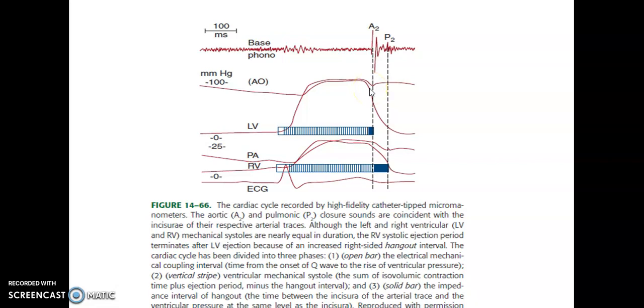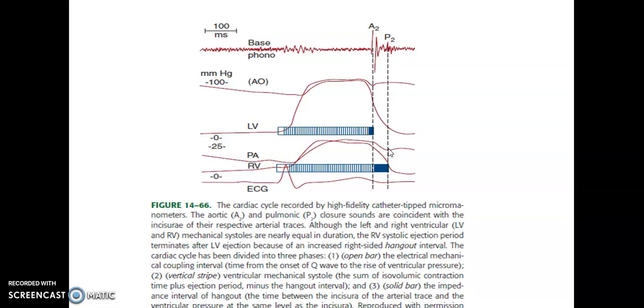This means even though the LV pressure drops, the aortic pressure doesn't drop suddenly. It takes some time. This time lag is known as the hangout interval. That means the aortic valve closes a bit later after the LV pressure falls. Similarly, in the RV, when you trace the RV curve, this is the incisura notch.